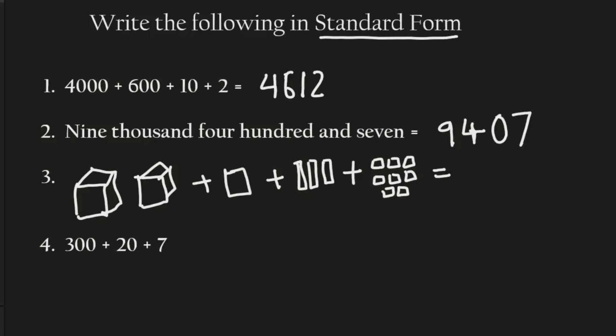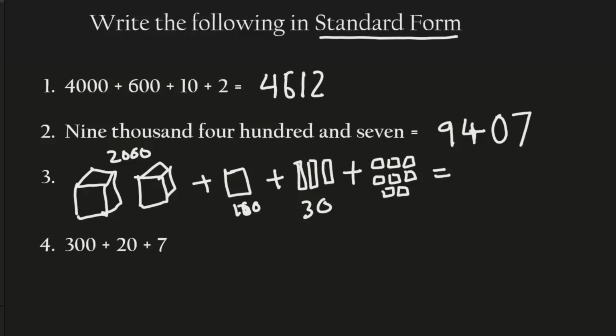Now this is in word form. But before we write the answer, let's write the values of each of them above it, or below, so we know how much each is worth. It says 2,000. It says 100. This is 30.